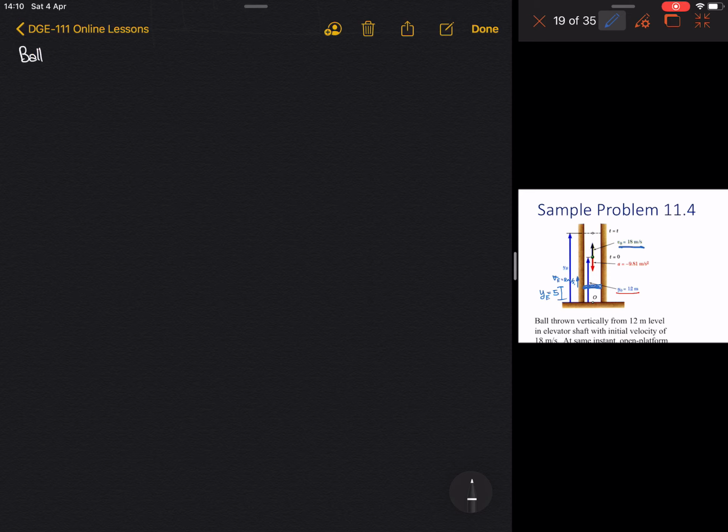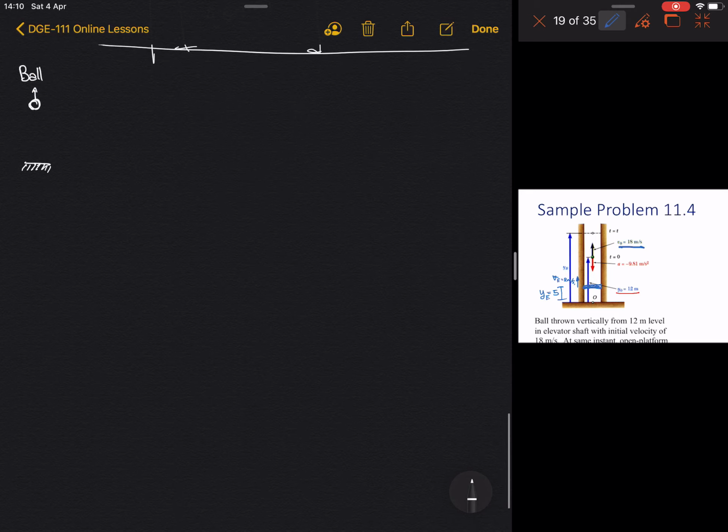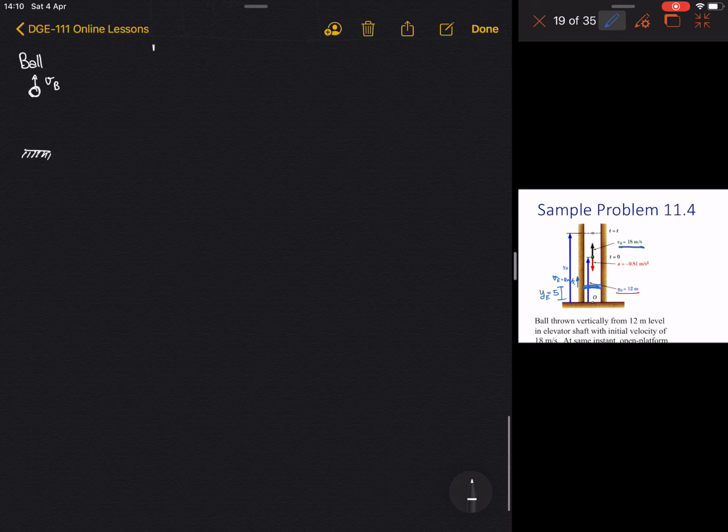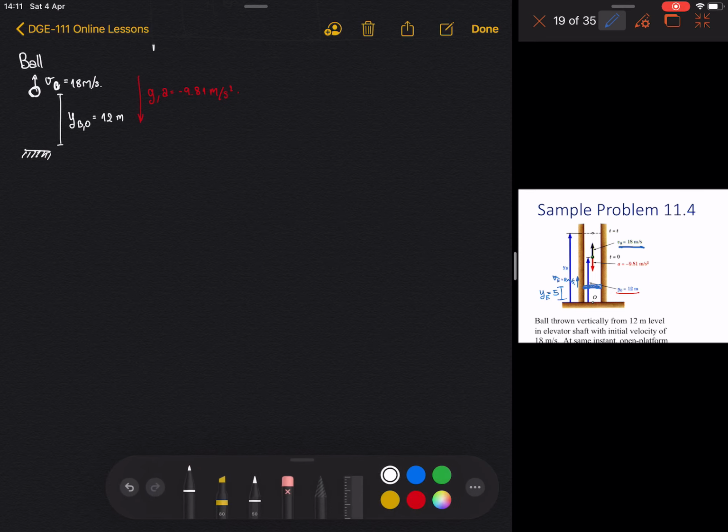We have the ground floor, and the ball moving up with V0B equal to 18 meters per second, and the height y0 is equal to 12 meters, and we already know that the acceleration due to gravity is a equal to minus 9.81 meters per second squared.